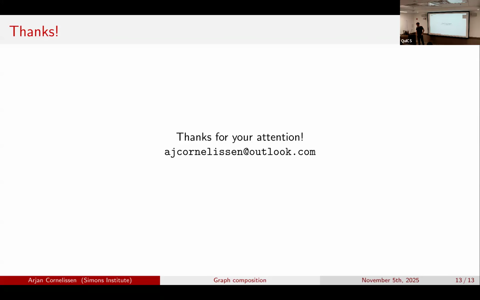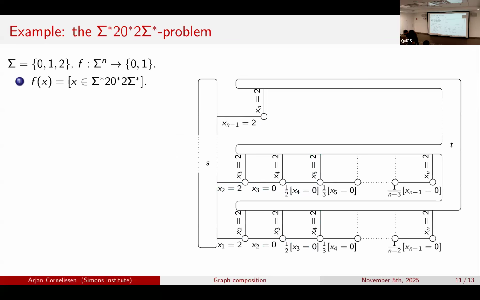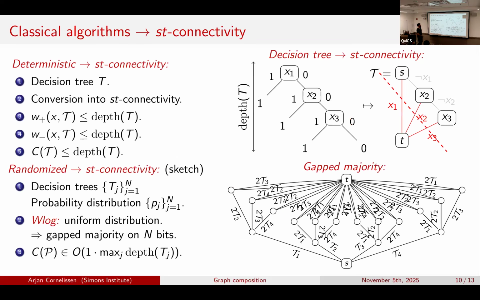I have some questions. Can we go to the last page? The last bit. So I have two questions. Why is the error from the randomized algorithm not pointing directly to graph composition? It seems like your reduction is using graph composition, not ST connectivity. Oh, well, no, because here, this is really ST connectivity.